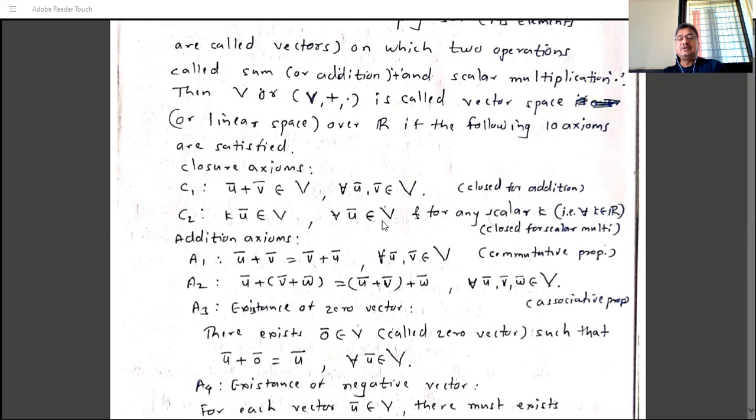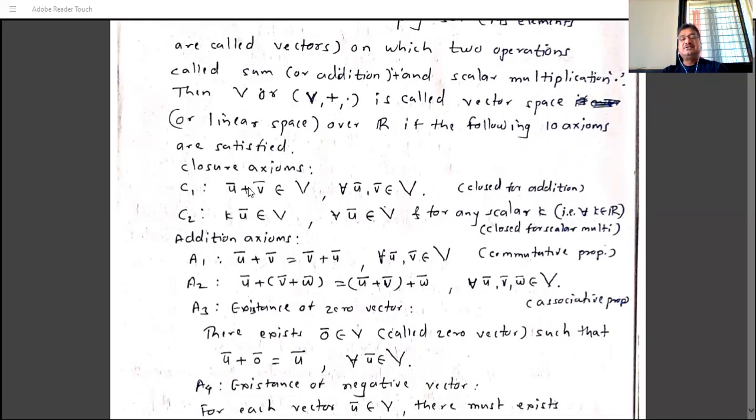Suppose k is 1/2 and u bar, an element of the set of natural numbers, is 3. Then 1/2 into 3 is 3/2, and 3/2 does not belong to N, and therefore for the set of natural numbers this property fails.